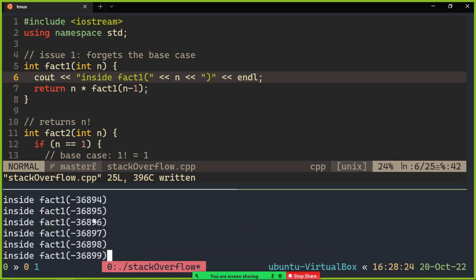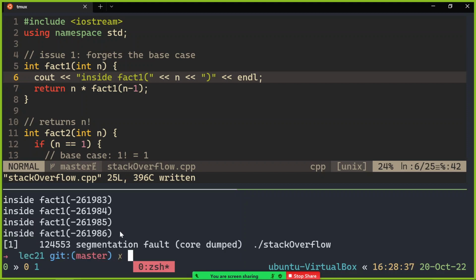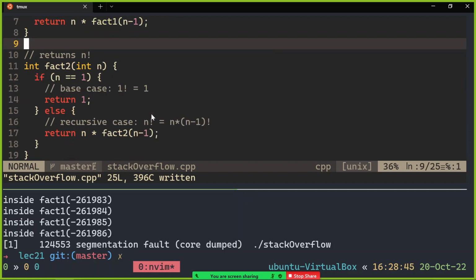So it's calling itself forever and ever and ever. It's getting smaller and smaller. You have enough memory in your computer for this to go for a while, and eventually it's going to crash, though. It's going to run out of space. There it is. Apparently my computer has enough memory to handle a few 100,000 calls to fact inside of fact. Isn't that fun? So that's the first error.